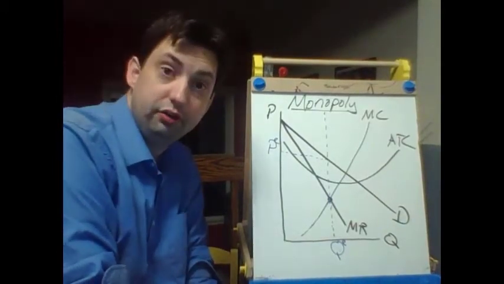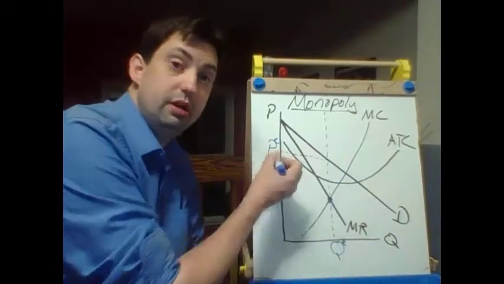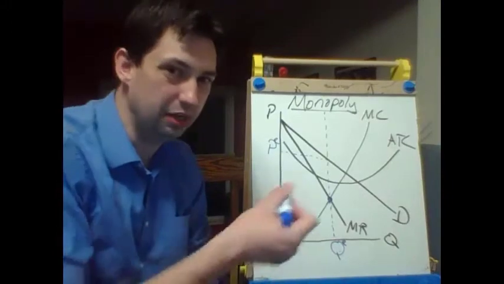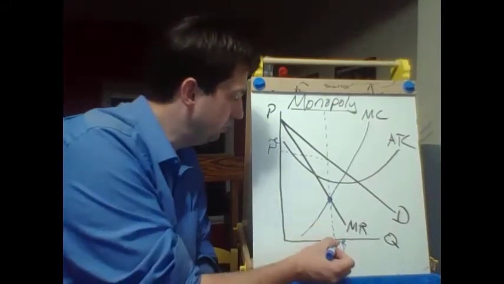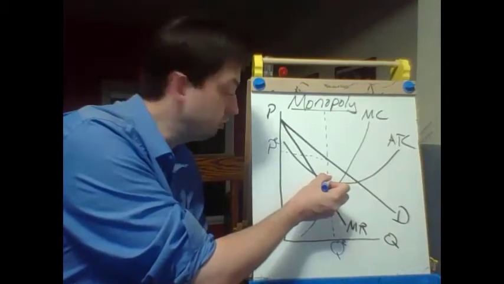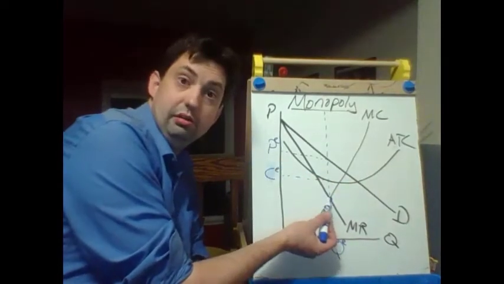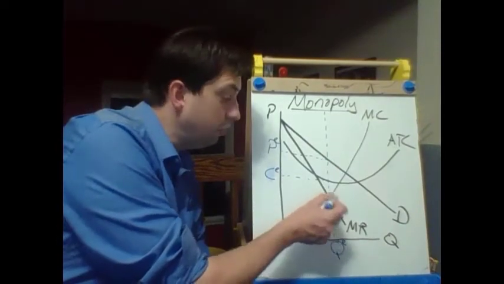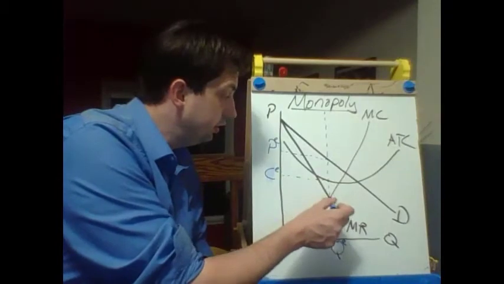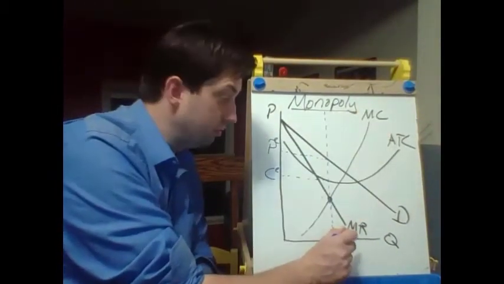Then we check cost. This is the price per unit. What is the cost per unit? It's exactly the same as the competitive firm, same order, same steps. We check that quantity at average total cost, and we find it's right here. Don't go down here. This point only matters for finding the quantity. You don't reference marginal cost anymore, and you don't reference marginal revenue anymore.